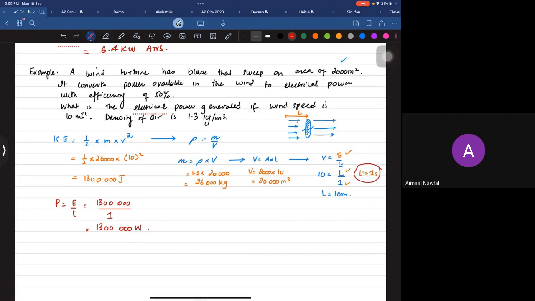Now it says only 50% is converted to electrical power. So the electrical power would be 50% of what we have found. Half of this is going to be 650,000 watts. Is it clear?